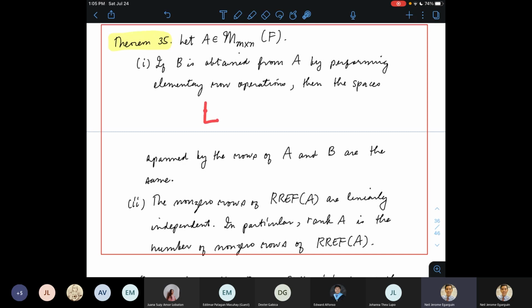And if you multiply the elementary matrix with a matrix M, you'll get a result using the elementary row operations. So hindi lang superficial yung elementary row operations, meron siyang matrix operation involved, right?